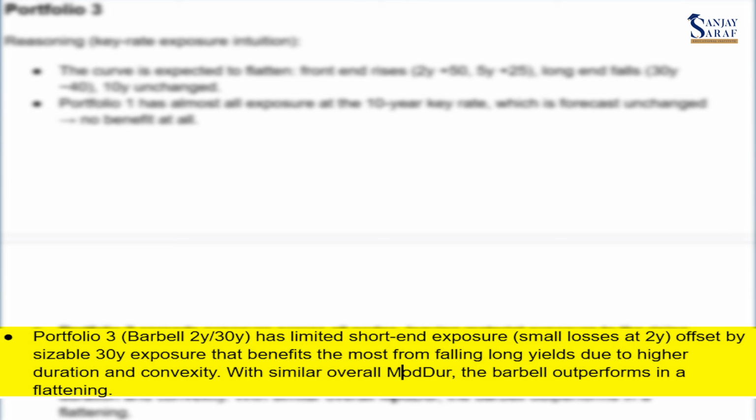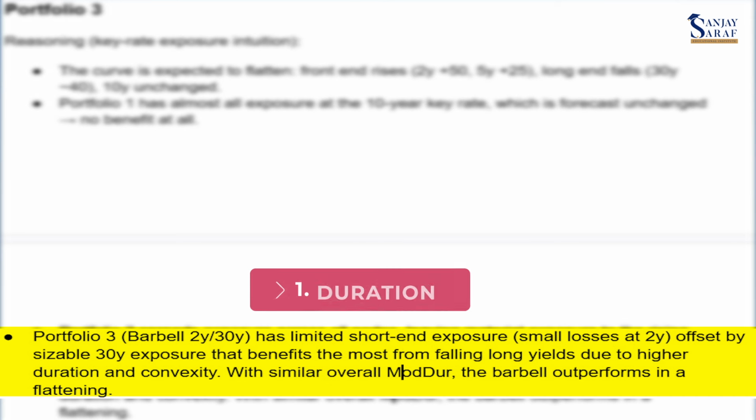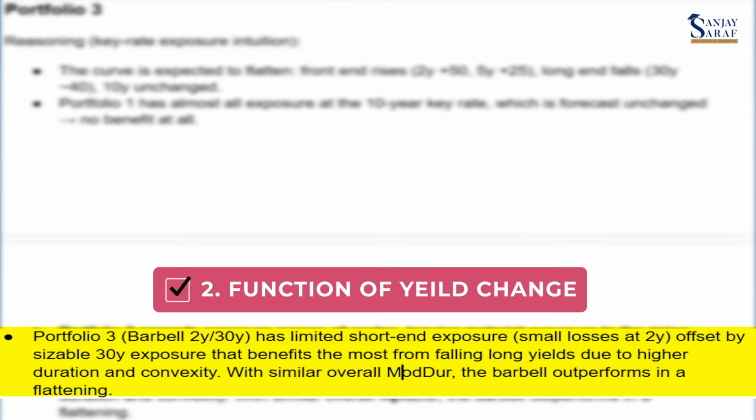Now one may be fooled by thinking that portfolio 3 cannot be the correct answer because it's investing 50% in the 2-year bond and the 2-year yield is going up by 50 basis points. So you're not understanding one thing, that the percentage change that takes place is a function, number 1, of duration, and number 2, a function of the yield change.